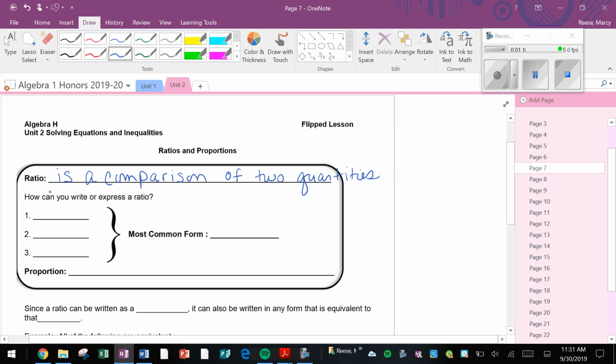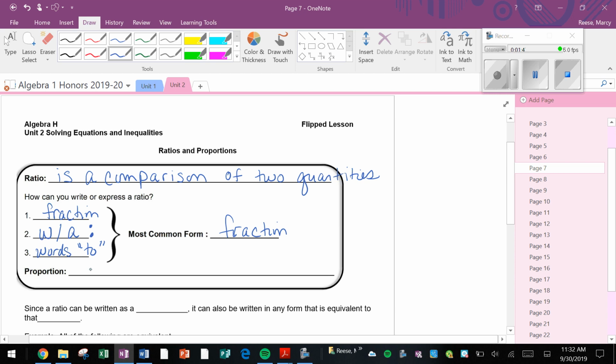We can write it as a fraction, one of our favorite ways to write it. We can write it with a colon. And we can also write it with words. Okay, but the most common form for us is a fraction. That is the most common way we write it.